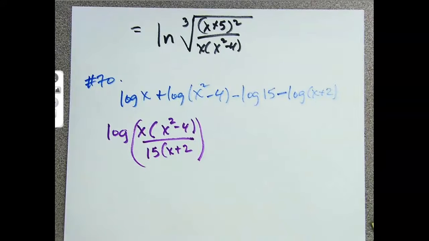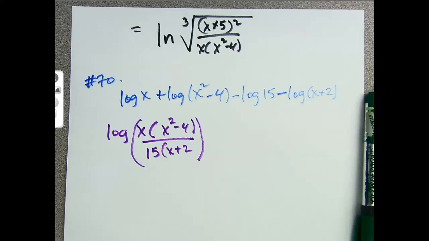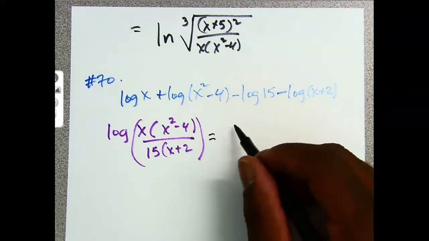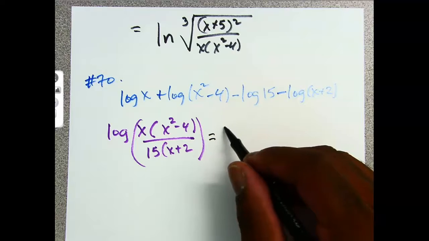Now, I'm afraid that at this point, you could simplify this even further. So just like problem number 69 we did in class yesterday, you see this x squared minus 4? What does that remind you of? Difference of squares, right?